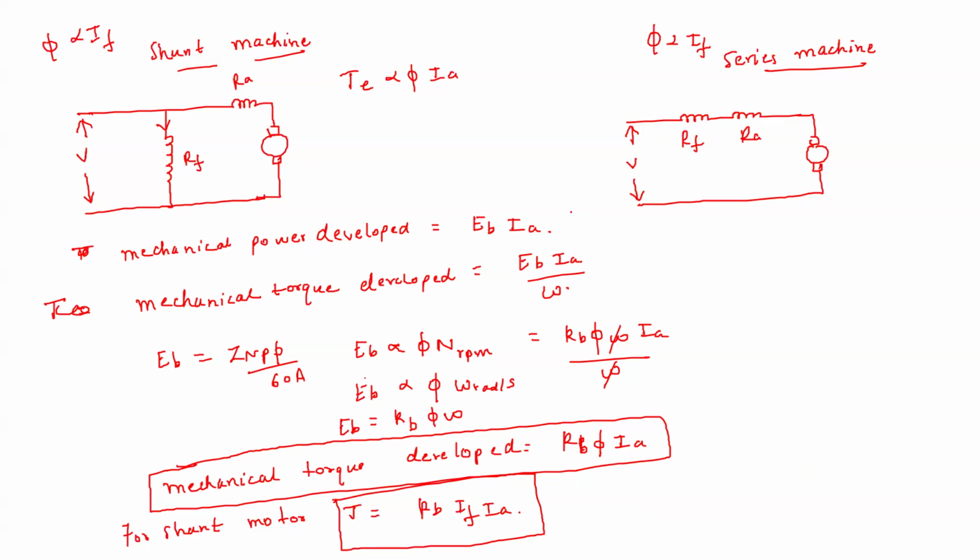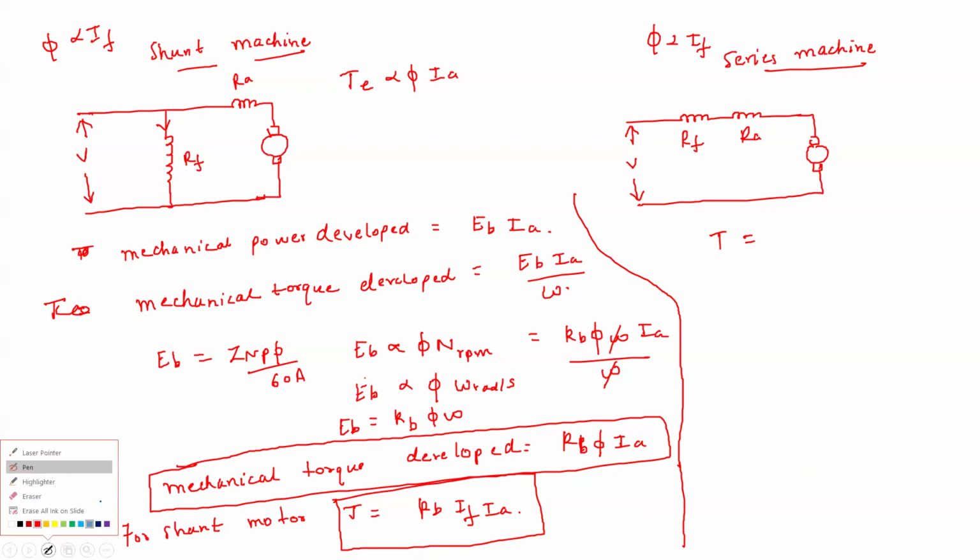Now if we talk about the series machine, what is the torque? This mechanical torque developed expression, which is proportional to KT, the proportionality constant, into phi into IA, is for all the DC machines, irrespective of whether it is series or shunt.